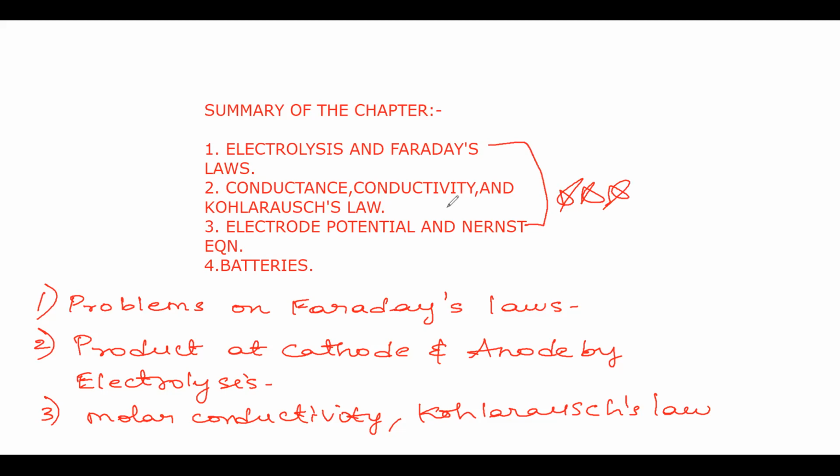And next we have done electrode potential and Nernst equation. In electrode potential, what type of questions we have discussed? First, model number 1: to calculate the electrode potential of the cell. Second, we are writing EMF of the cell by using the Nernst equation.